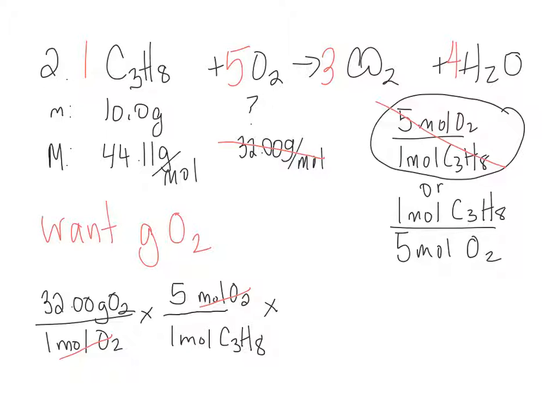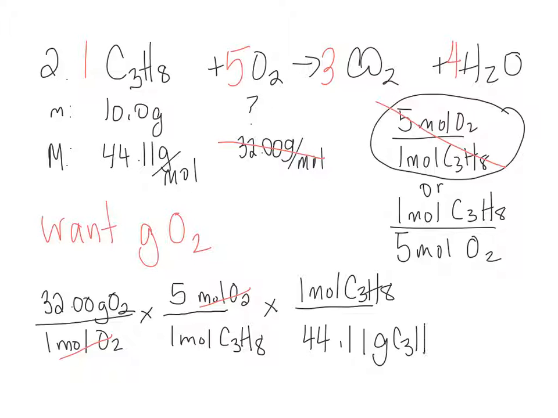Here we had moles of O2, moles of O2 was on top. So now we need moles of propane on the top. So 1 mole of propane, 44.11 grams of propane. I've just used the molar mass of propane. That's all I've used. Your moles of propane cancel.